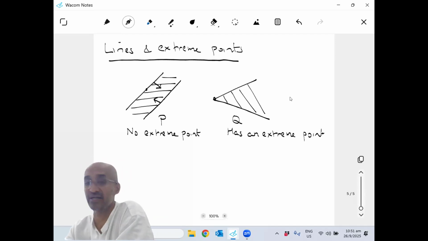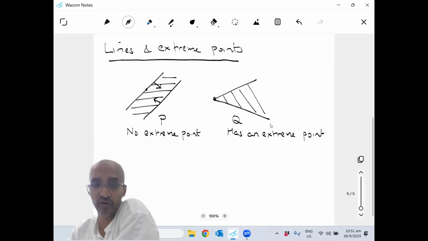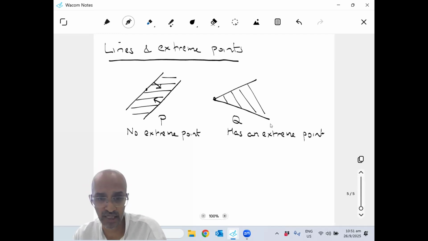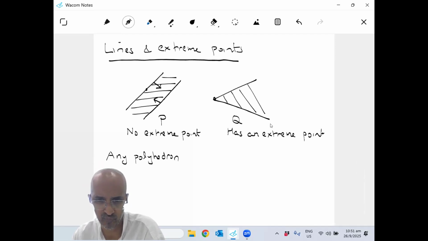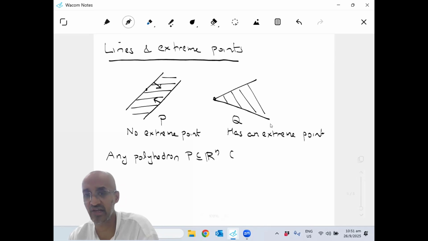This result we won't prove, but I think it's quite intuitive. So any polyhedron P contains a line. So what's a line?